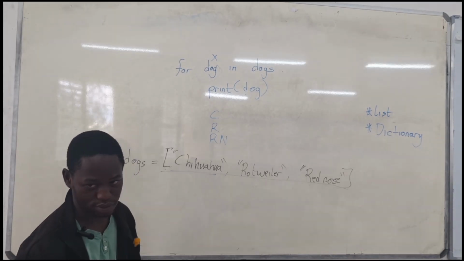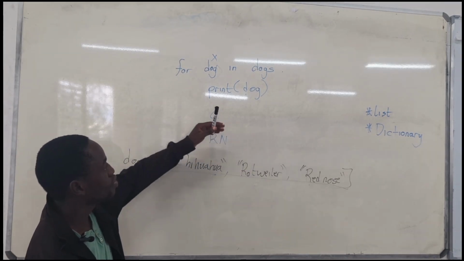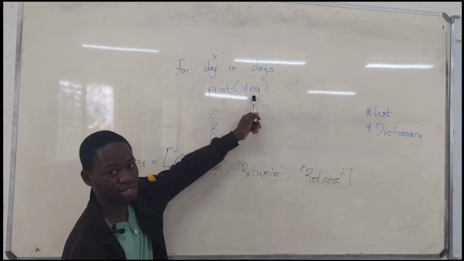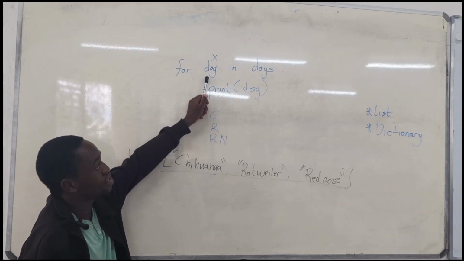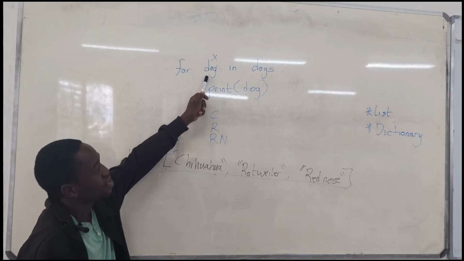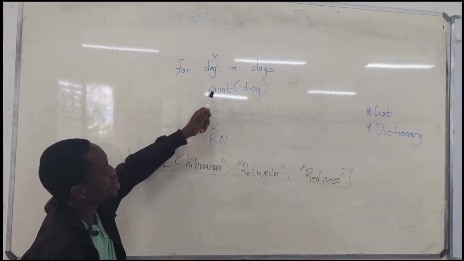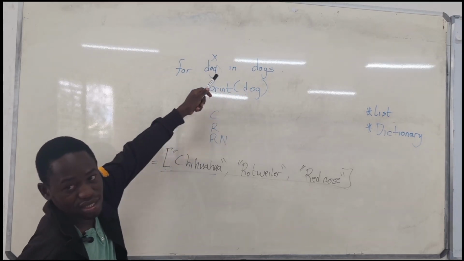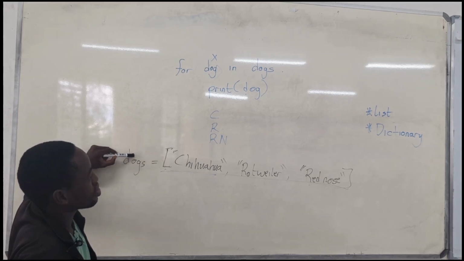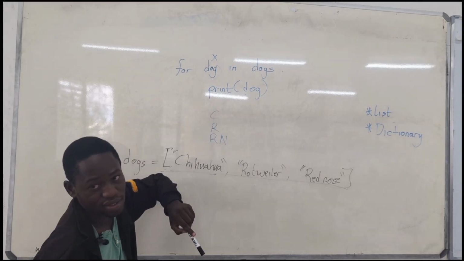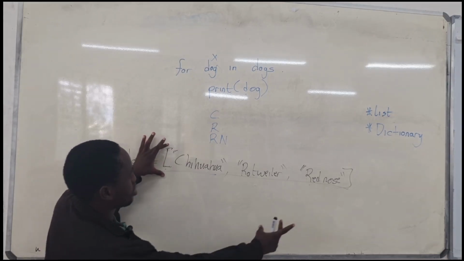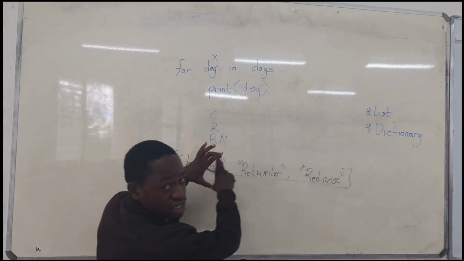So now what we are printing is dog. Yes, the singular dog. So like if you have a list, right? This list of dogs, and you said print dogs, it would just output this entire thing.